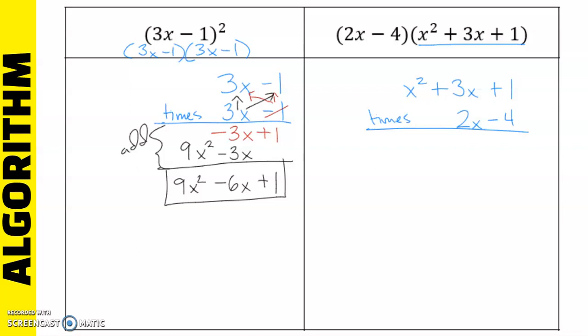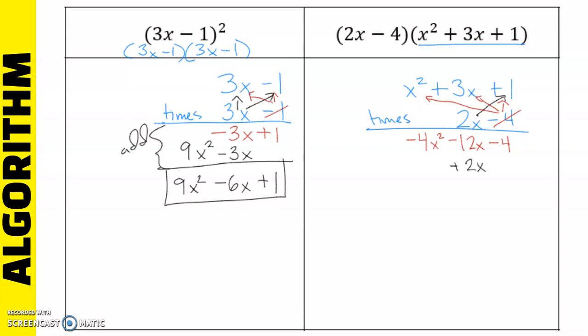And we just go. Okay, start with the negative 4. Negative 4, watch your sign, right? Negative 4 times 1 is negative 4. Negative 4 times 3x is negative 12x. Negative 4 times x squared is negative 4x squared. Done with negative 4. 2x times 1 is positive 2x.